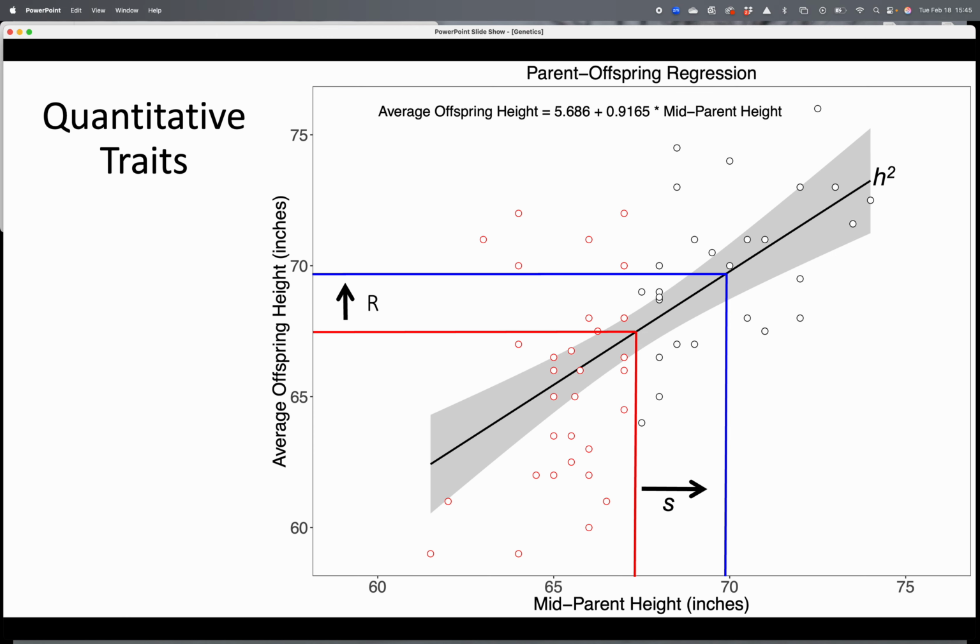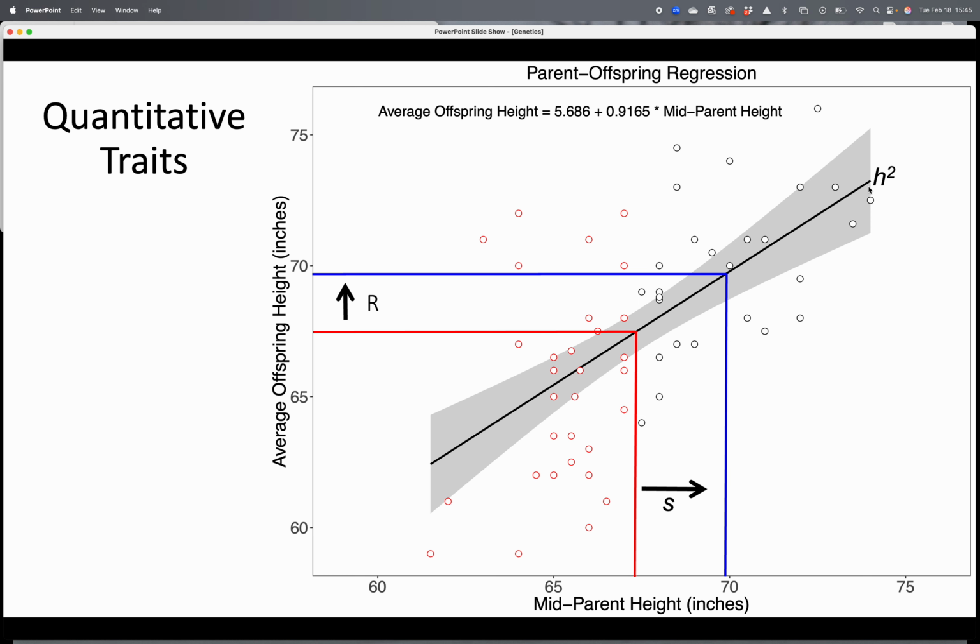So go back to this figure, and a slope of 1 is essentially equivalent to the slope of this red line. And if this red line continued through the end of this graph, any selection on the parents would not lead to any change in the offspring because that slope is 0. And I think I said a minute ago that was a slope of 1. It's not a slope of 1, it's a slope of 0.